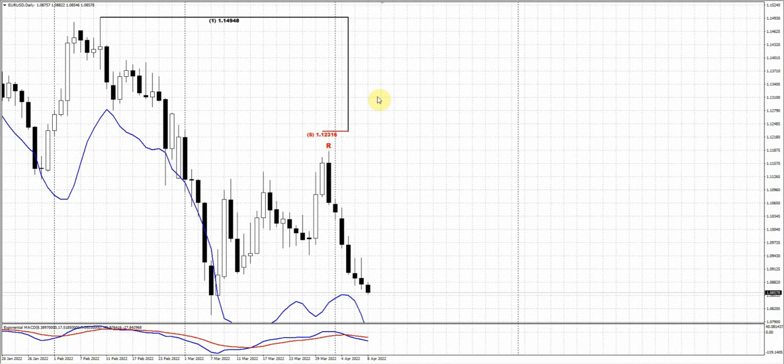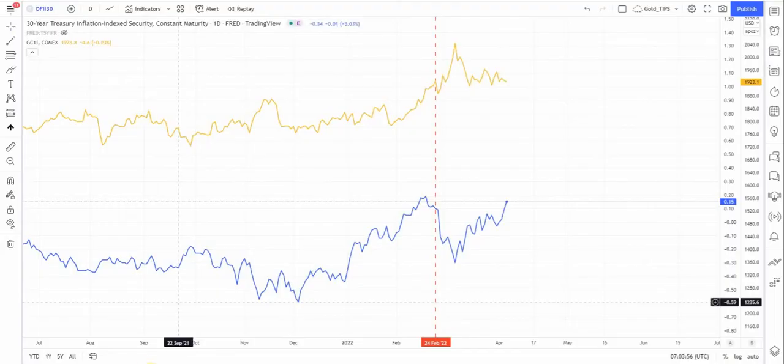First of all, guys, I would like to start from the cross-market analysis, and on the cross-market it's really bad, I mean for the euro currency, of course. So first of all, don't pay attention to this, this is the gold market. Take a look at this one. This is the 30-year Treasury inflation protected bonds index security.